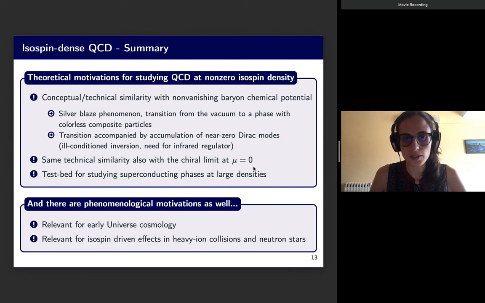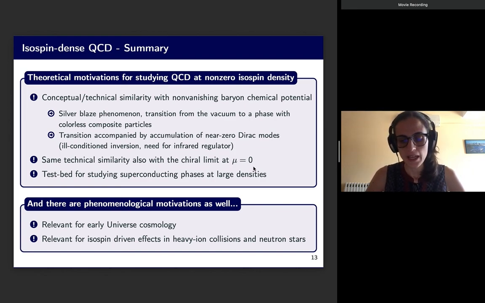This is relevant for early universe cosmology, as it has been worked out recently. There are circumstances under which it makes sense to think that the trajectory for the evolution of the early universe might have gone through the Bose-Einstein condensate phase with condensation of pions.